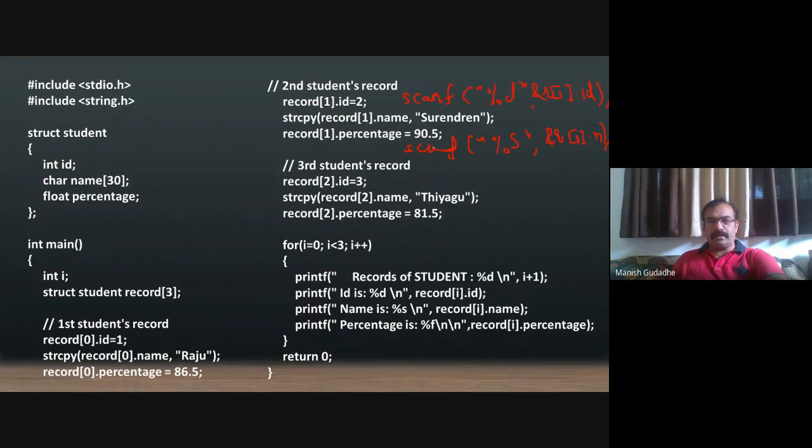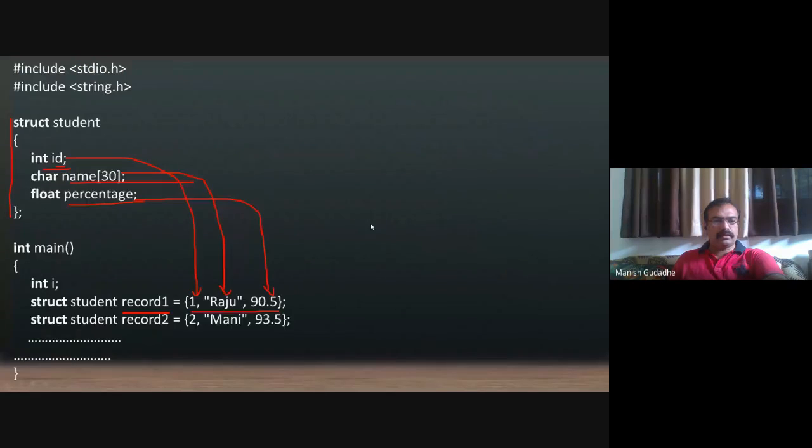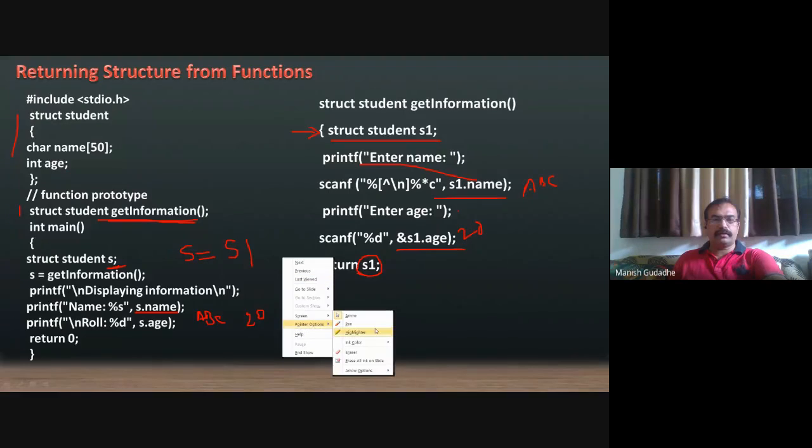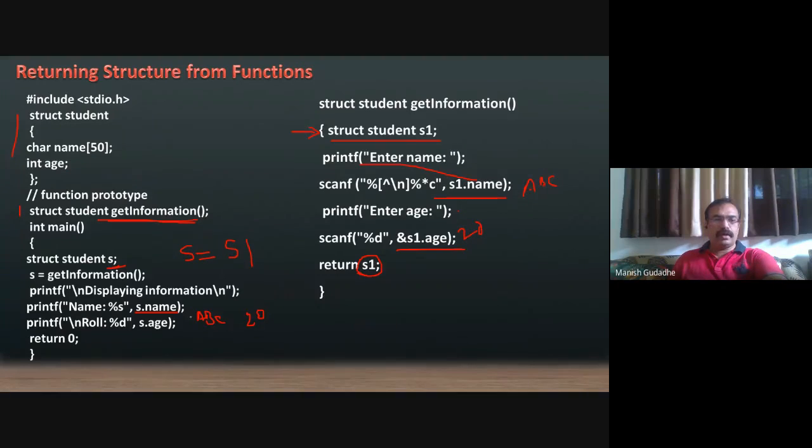So it's a normal practice. I think in some example I might have taken this way. Here the way I am inputting this name, I can also input with the subscript and the array name.